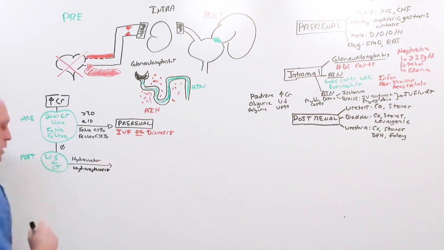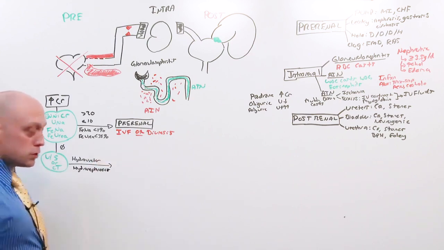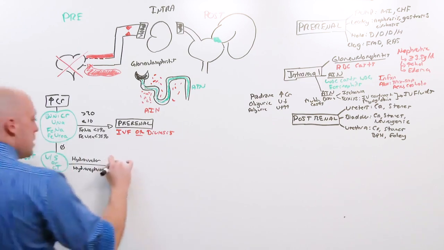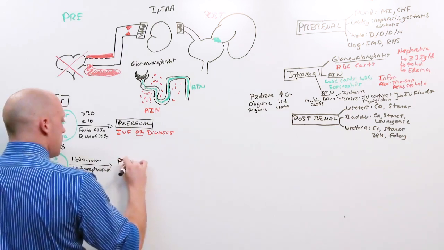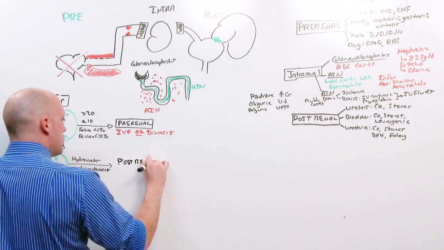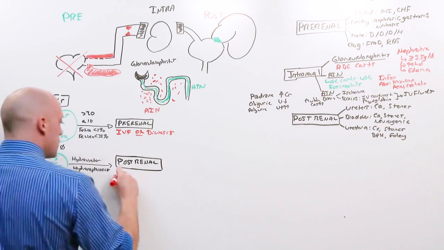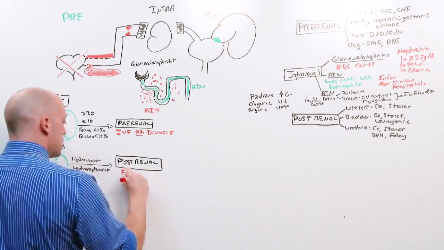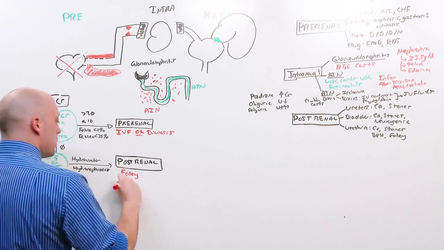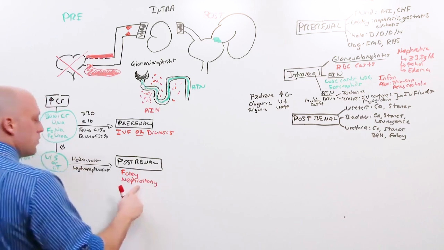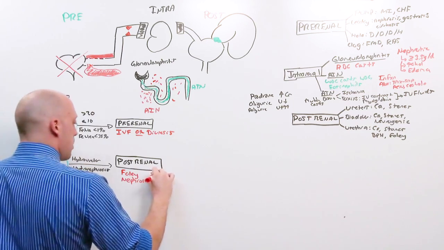The CT scan is better to be used to look for stones, but the ultrasound is better just to show you that there's hydronephrosis. If you have post-renal, you need to relieve the obstruction, and you can do that with a Foley catheter, if the level of obstruction is bladder or distal, a nephrostomy at the level of the ureter, or surgery.